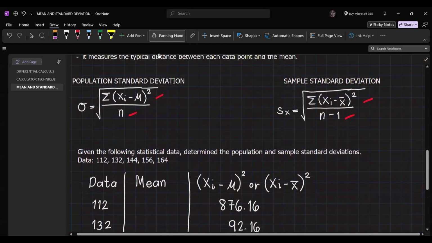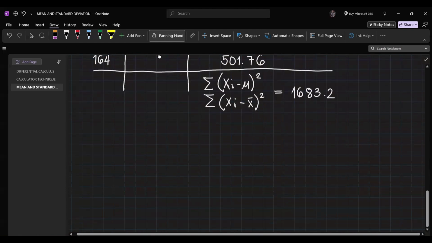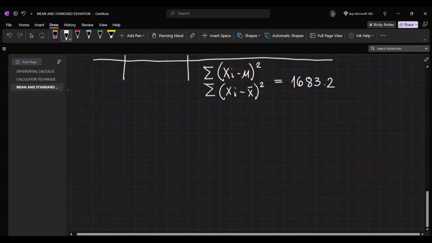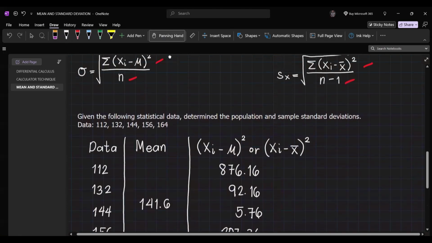And kunin na natin ngayon si population and sample. So, di ba for population, simply this is the square root of 1683.2 divided by n.